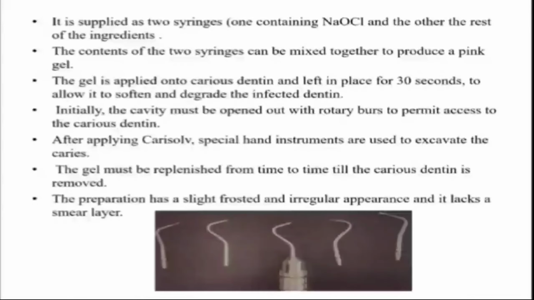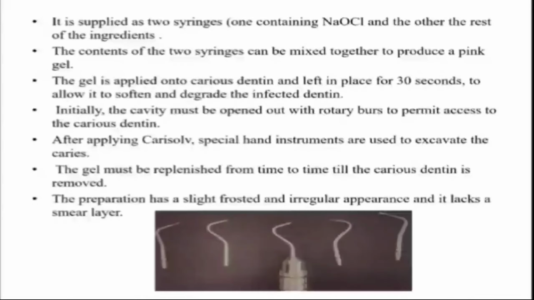And this is the procedure of the heat test. So the mechanism of heat test. Next one is the cold test. The materials used can be dry ice, pencil of ice, cold water under rubber dam isolation, and ethyl chloride. Here also the mechanism of cold test is there.